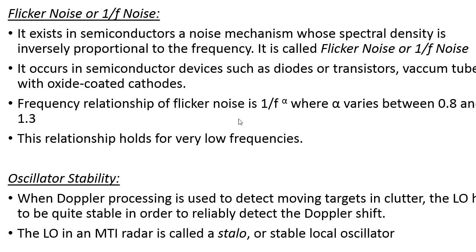The relationship of the flicker noise is given as 1/f raised to alpha, where alpha varies from 0.8 to 1.3. This relationship holds for very low frequency components. This is what we have about flicker noise.